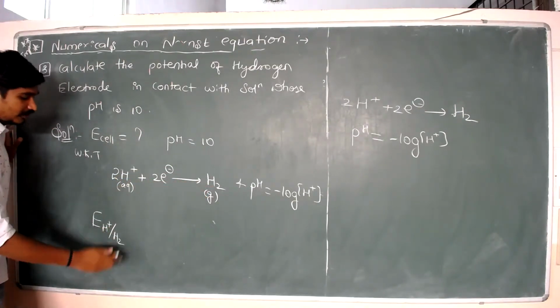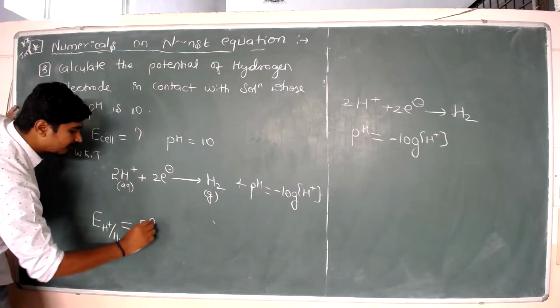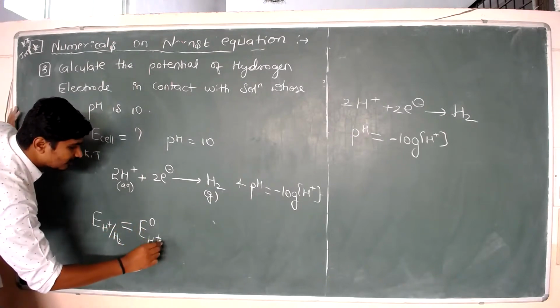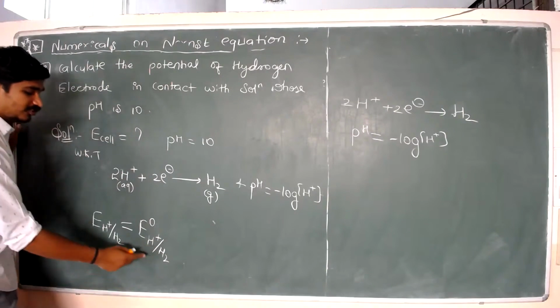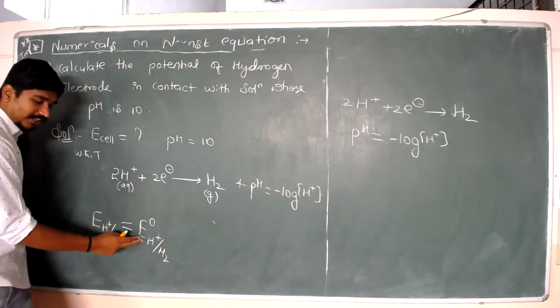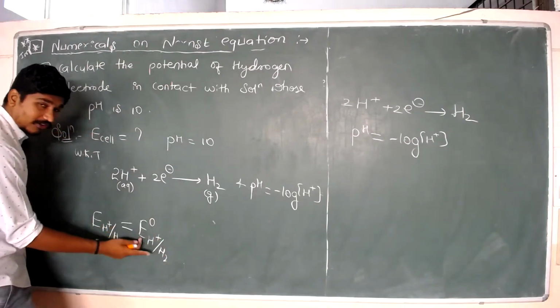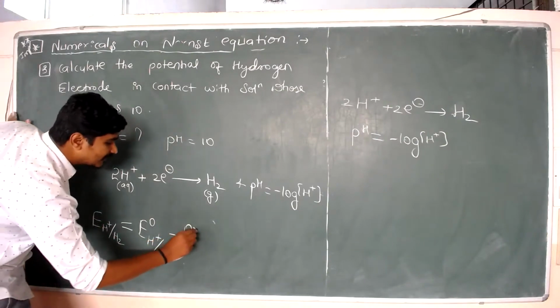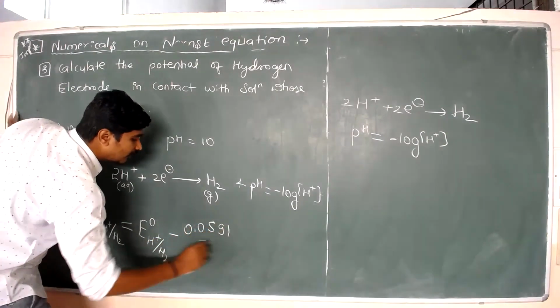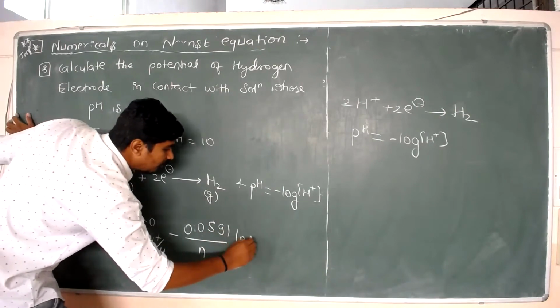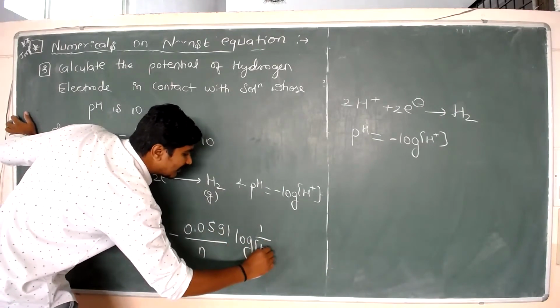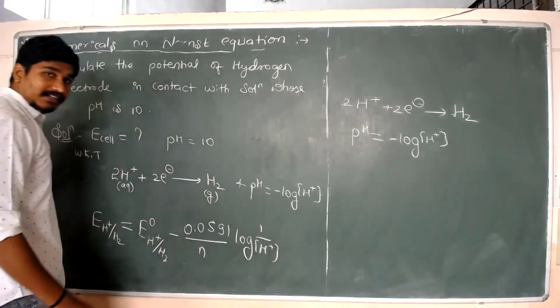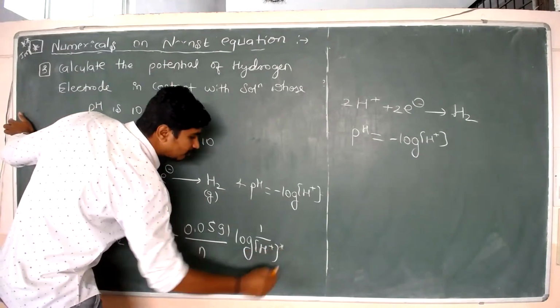That reduction potential is equal to E naught of H+/H2, the standard reduction potential for the hydrogen electrode, minus 0.0591 by n log of 1 by H+ ion. In place of M^n+, I am taking here H+, and here I have to write the power.